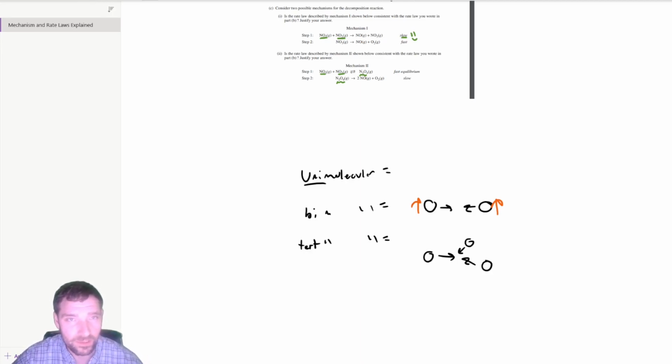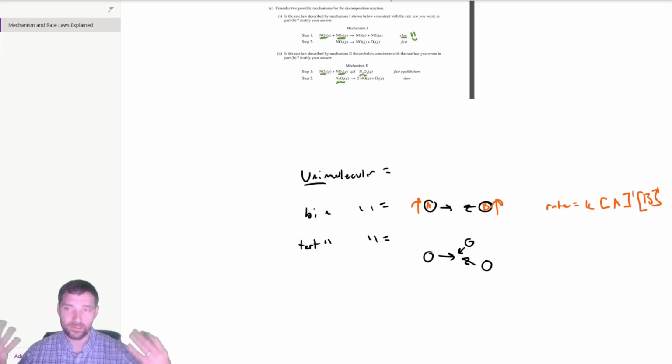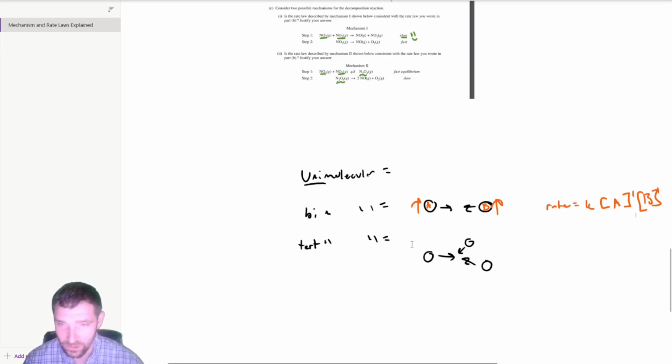So it's possible that this could be an A and a B. And so you might have a rate law where you've got the A up to the first order and a B up to the first order. But overall, the reaction's rate is bimolecular because if you double up both of these two things, it's going to end up quadrupling that rate. There's four times as many collisions. Same sort of deal if you have termolecular.